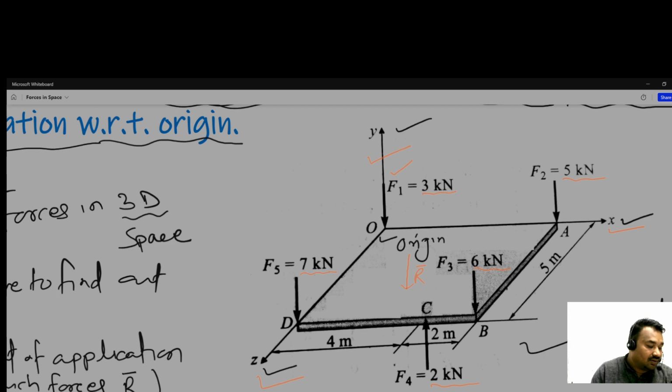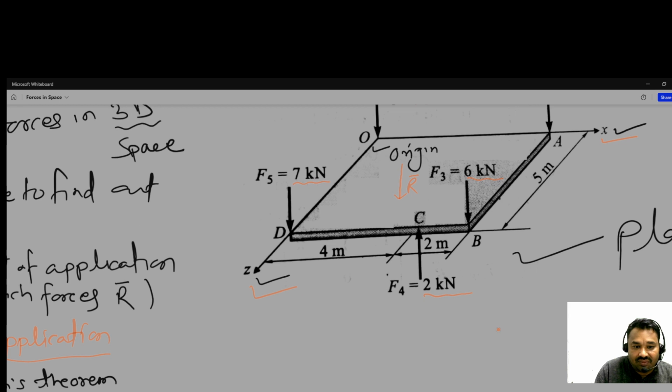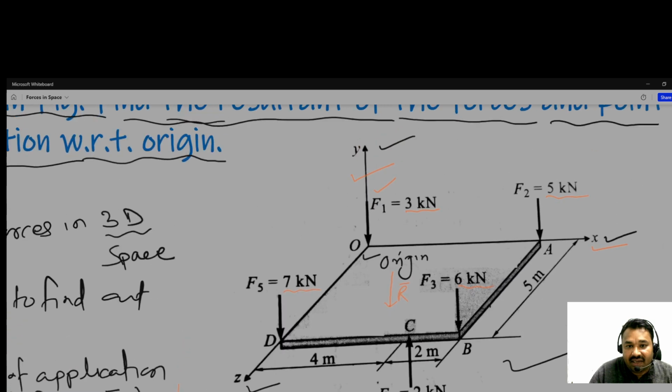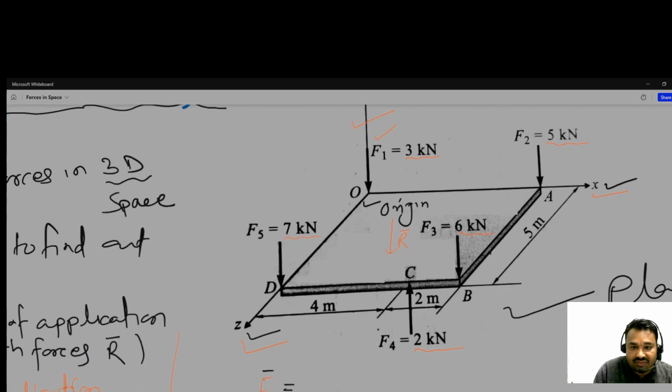So from here, we need to know the force vectors actually. So what will be the force vector F1 in vector form? You can see it is acting downwards and parallel to the y-axis. So acting downwards, that's why minus, and parallel to j.